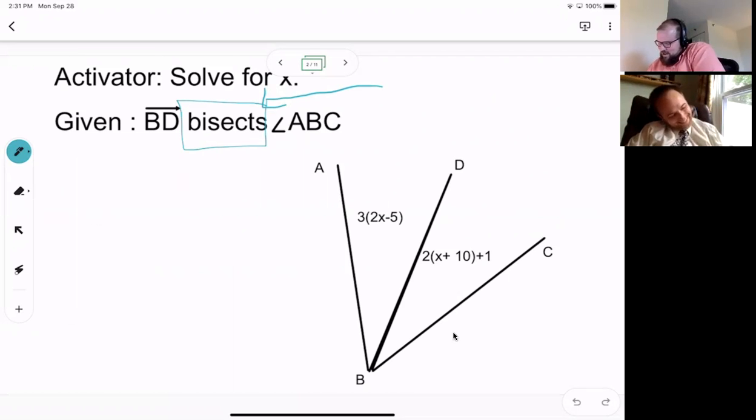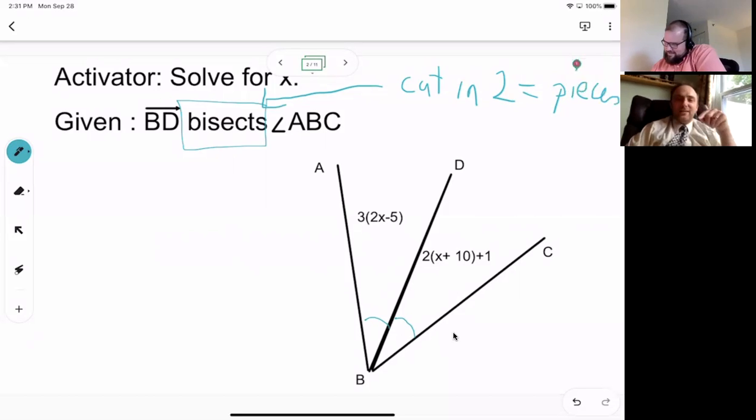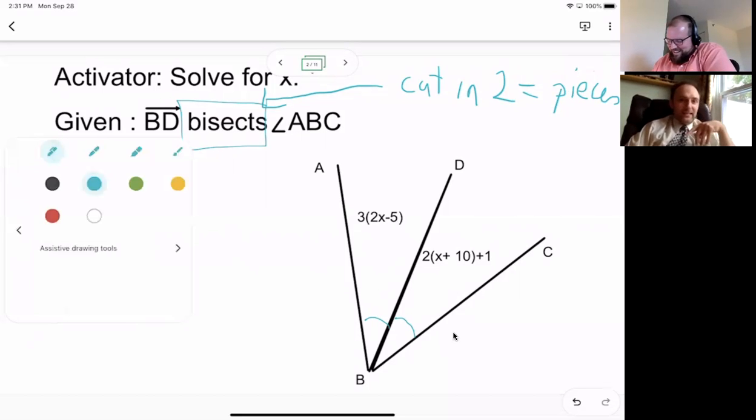So that means that our two angles are going to be labeled as equal because those are two equal pieces, based on what Mr. Butterworth is writing now. I like how each time bisect has come up, you've gone to the Greek. I'm sure the children are like, "What is he doing?"